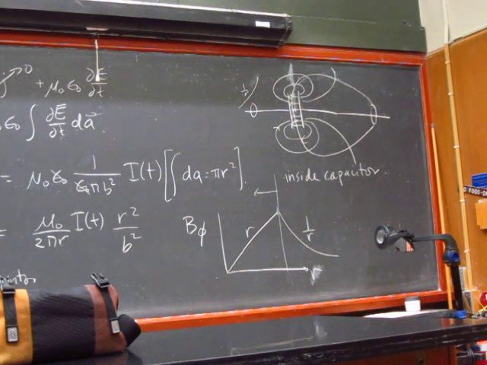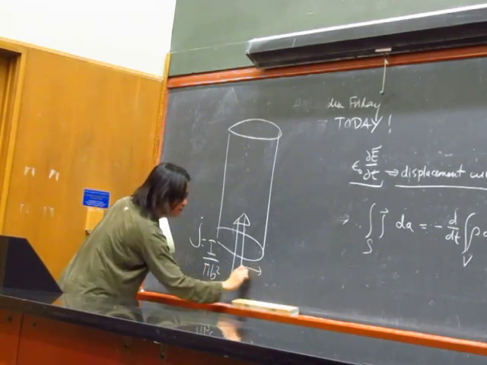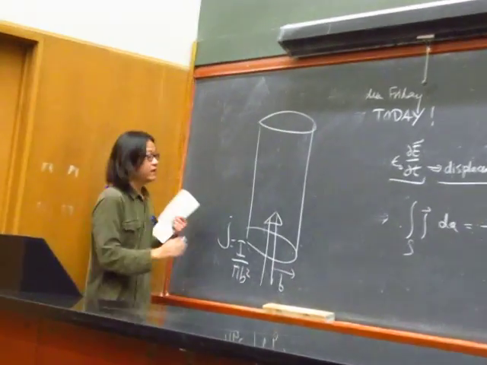If you recall the example that we had, it's very similar to this problem. If I have a cylinder and a current density J, which is just I over pi r squared, say, it's just a constant.